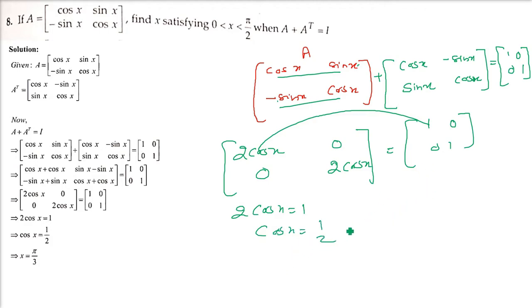So what is the value between 0 and 90 degree, or 0 and pi by 2, which is going to give you the half value, which is 60 degree. Cos 60 is 1 by 2. So you can either write 60 degree only, or since the question is given in terms of pi, just write the answer as pi by 3. Okay, pi by 3.